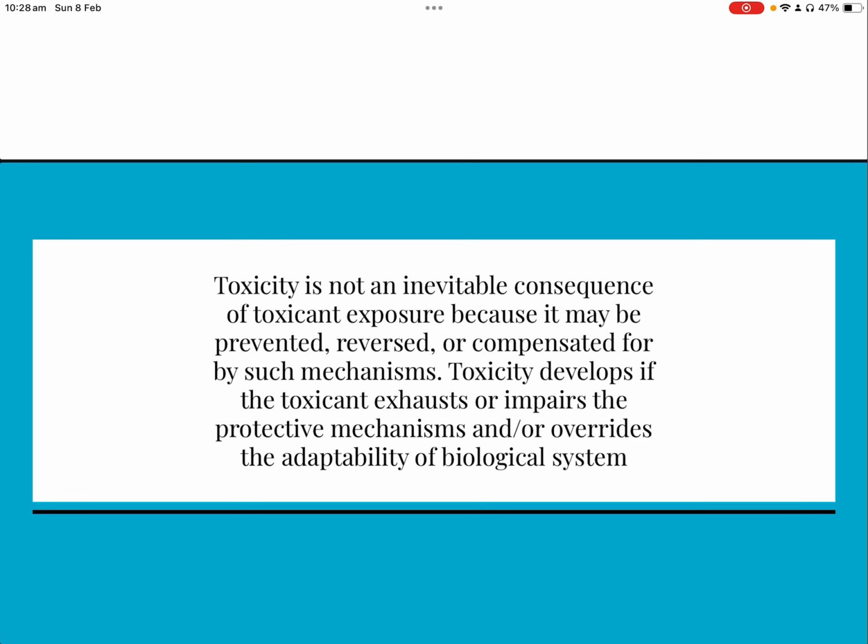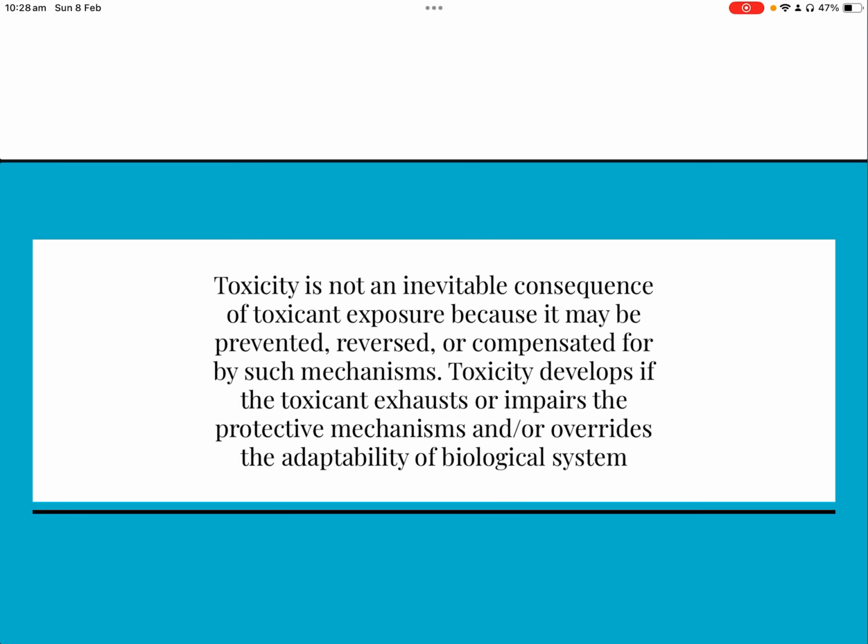Toxicity develops if the toxicant exhausts or impairs the protective mechanisms or overrides the adaptability of the biological system. The real toxicity happens when your body, once exposed to toxicants, is not able to recover or repair itself once there are resultant effects from toxicity or exposure to toxicants.